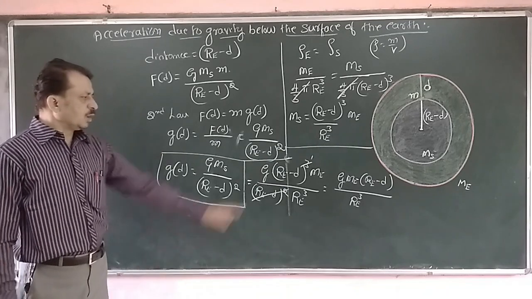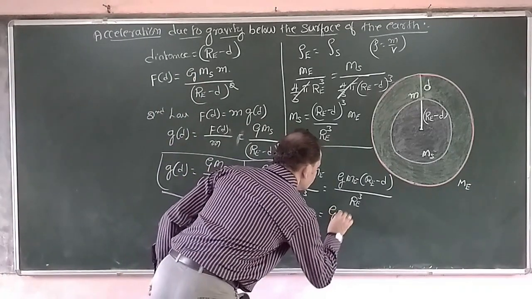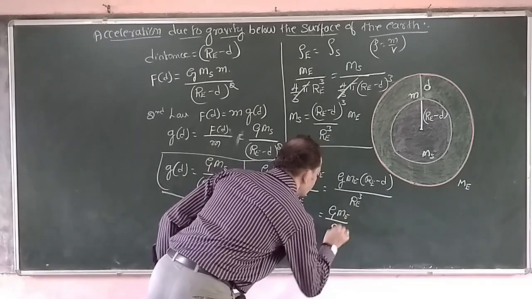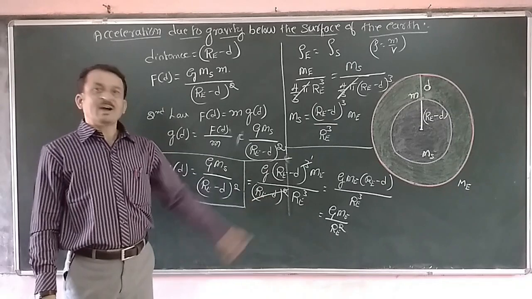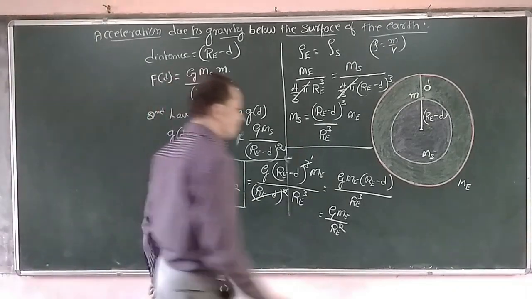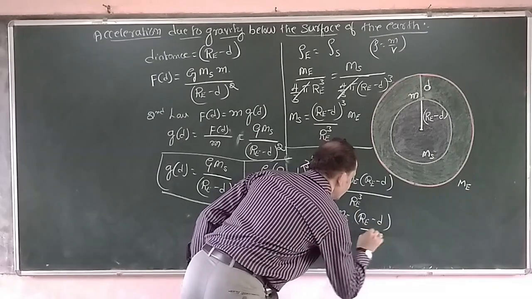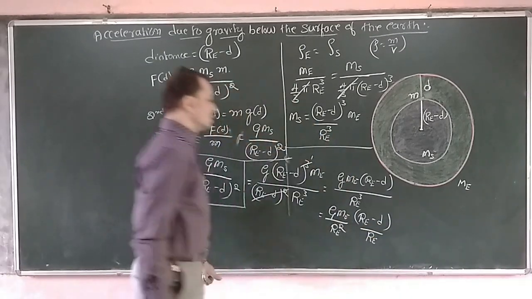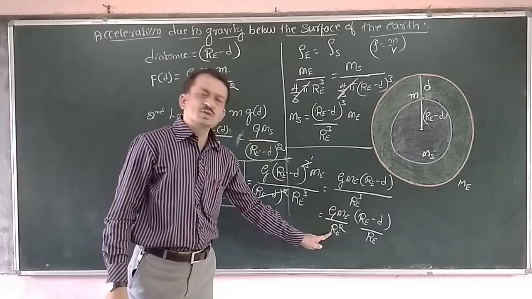Now I will rearrange this Re cube as G Me divided by Re square, because we know that value is small g, into Re minus d divided by Re. What is G Me divided by Re square?